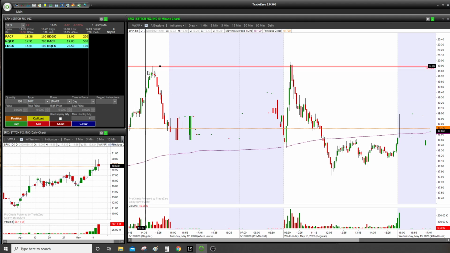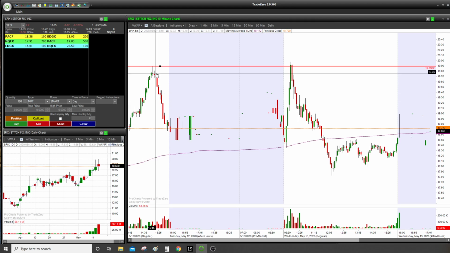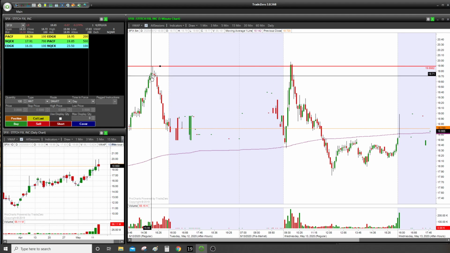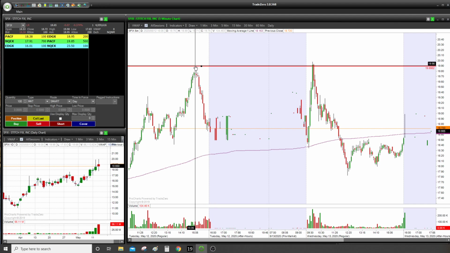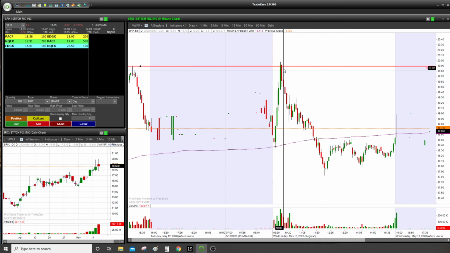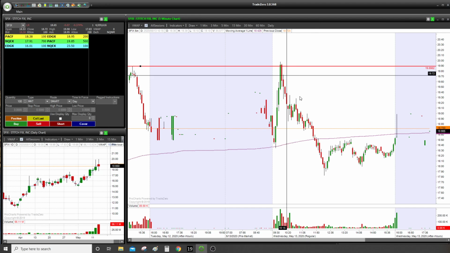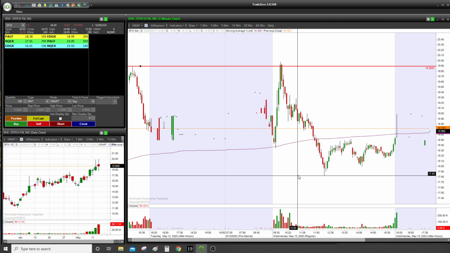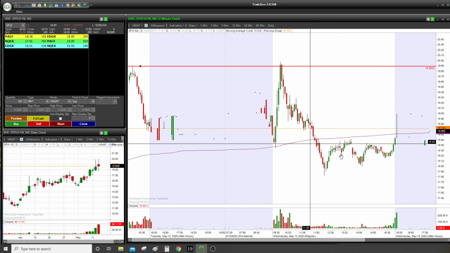On the previous day, you see that around $20 there's a big resistance. The moment it touched this area yesterday, the stock crashed. And today, the moment it touched, the stock went down, from $20 almost to 17.83. Big money here.